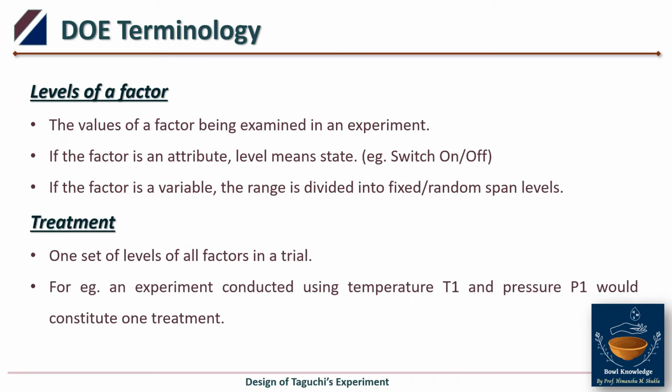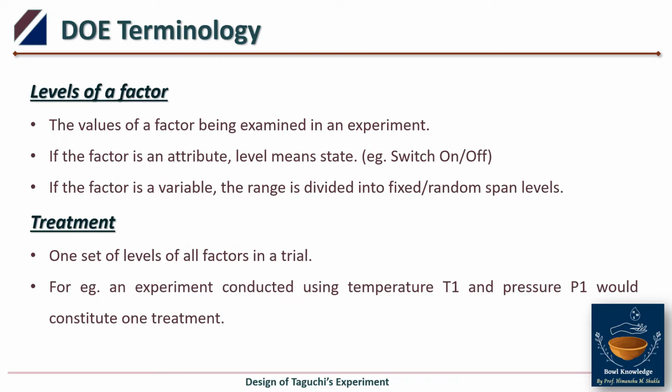Next term is levels of factor. Once the factors are decided, what will be the values of the factor? Those values are represented in some numeric quantities. If the factor is an attribute, level means state. So if there is a switch, it has two levels, one or two, that is on and off. If the factor is a variable, then we consider the complete range.